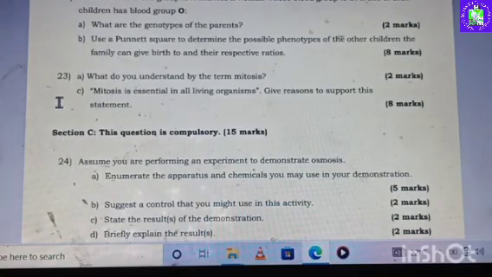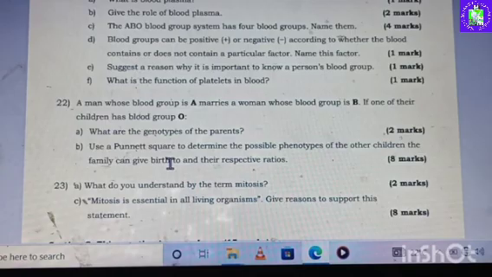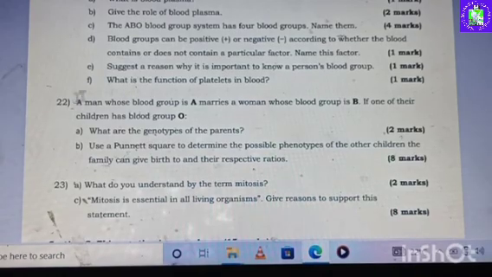Question number 22. A man whose blood group is A married a woman with blood group B. If one of their children has blood group O, what is the genotype of the parents?